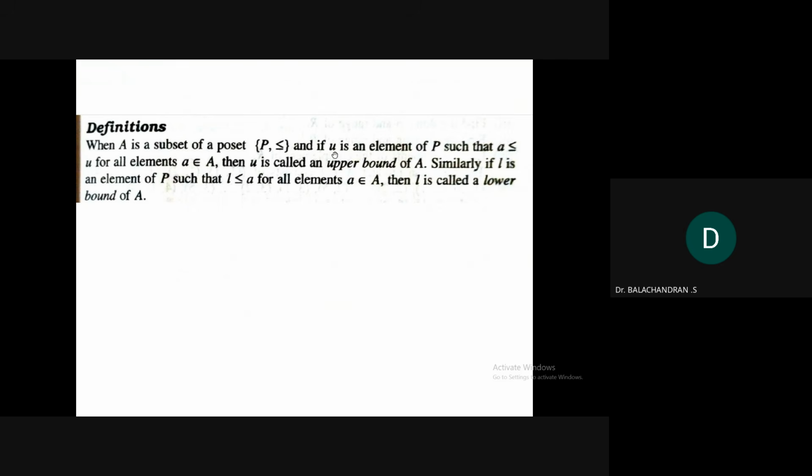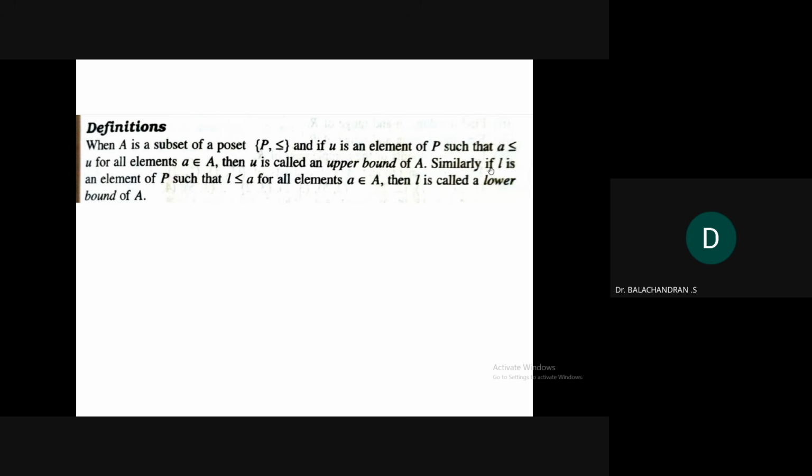If small u is an element of capital P such that a ≤ u for all elements a in capital A, so A is a subset of P and u is an element of P, then this u is bigger than all the elements small a in this subset. Then you say this u is called an upper bound for this subset A.